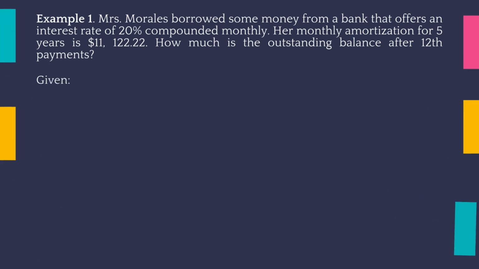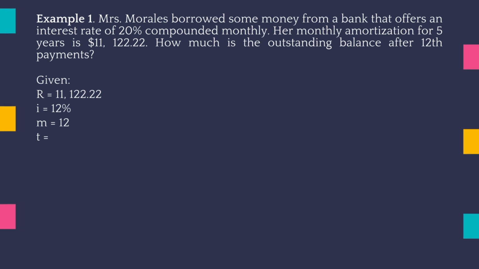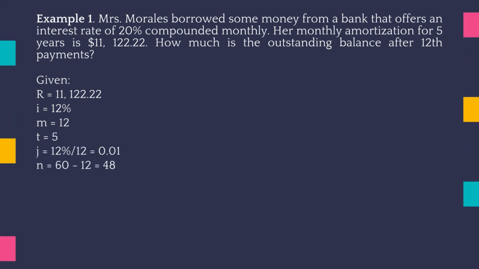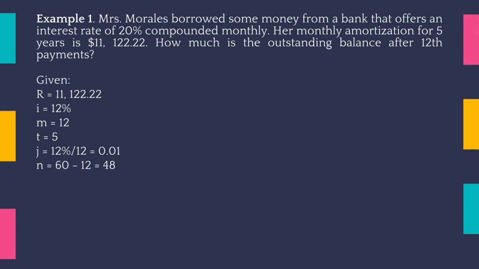So first I'm going to list the given in this problem. R, or her monthly amortization for 5 years, is 11,122.22. The interest rate is 12%. M is equal to 12 because it is compounded monthly. Time is 5 years.